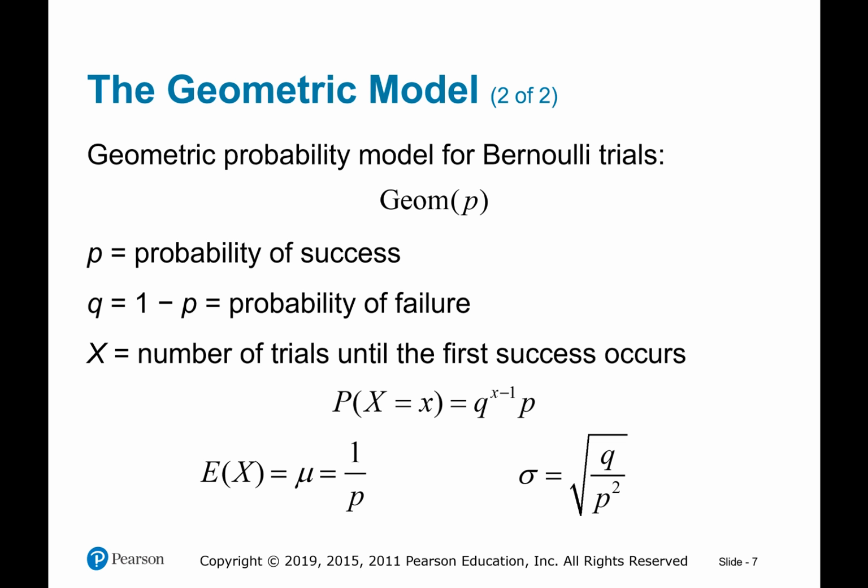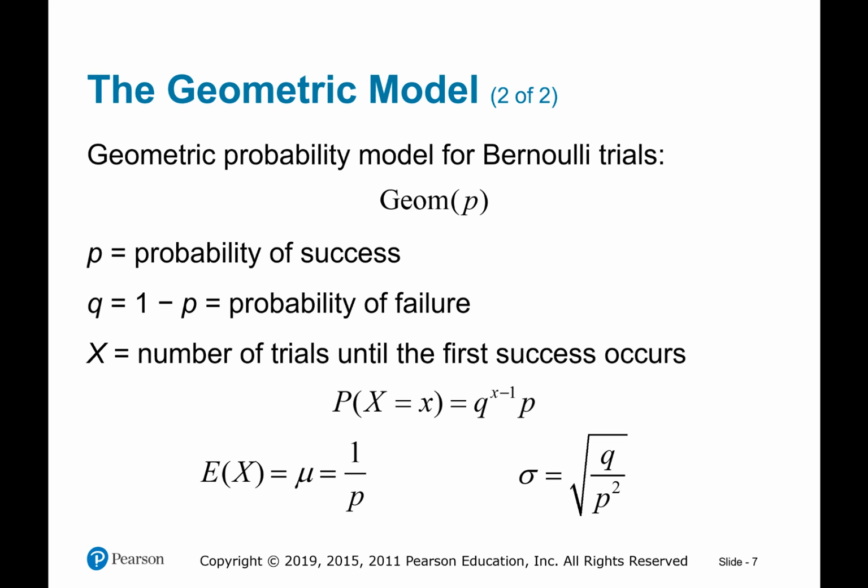So for our variables here, there's a few things you need to know and then some formulas. P is going to stand for the probability of success, however we define that. Q then is going to be the complementary probability, in other words, the probability of failure. Remember, for a Bernoulli trial, there can only be 2 outcomes.